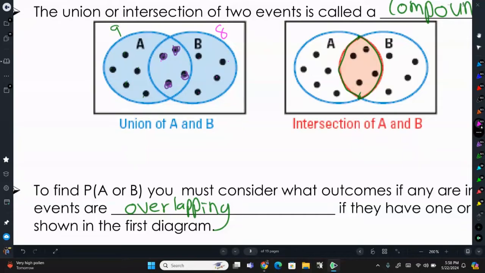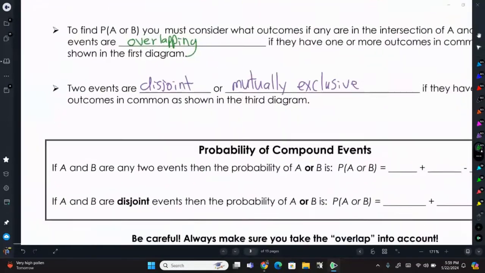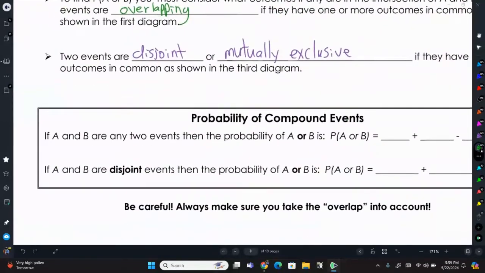Well, there aren't 17 dots here altogether. We have 13 altogether. So we have to account for that overlap, and that's what we have down here.